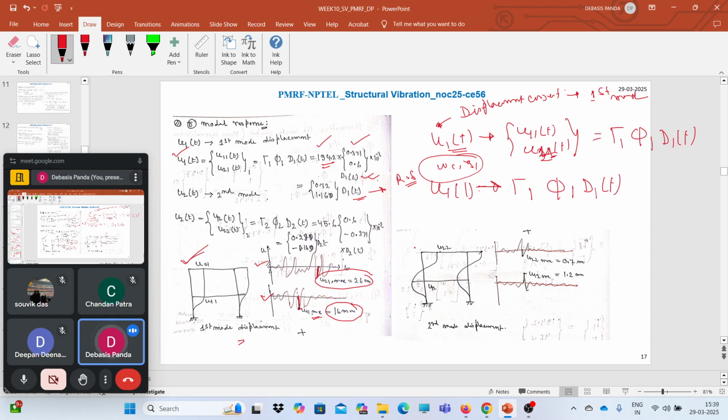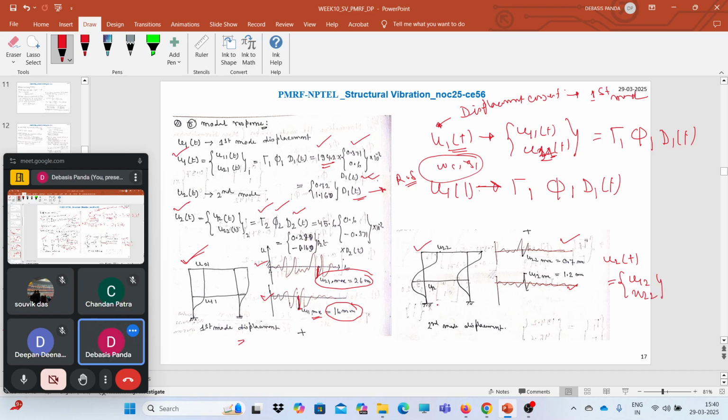Similarly, for the second mode we can also calculate the modal responses. u of t is nothing but the participation factor, mode shape, into the modal responses or generalized coordinates, whatever we want to say. So that comes like this. That is u2, the displacement response due to the second mode, which contains u12 and u22.